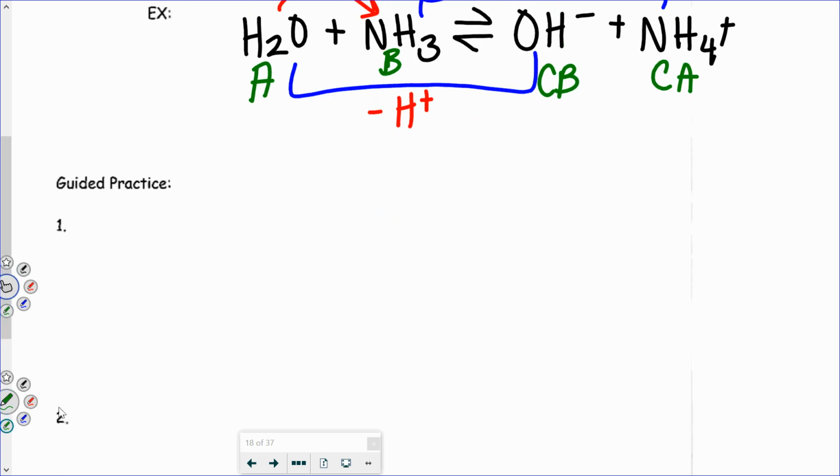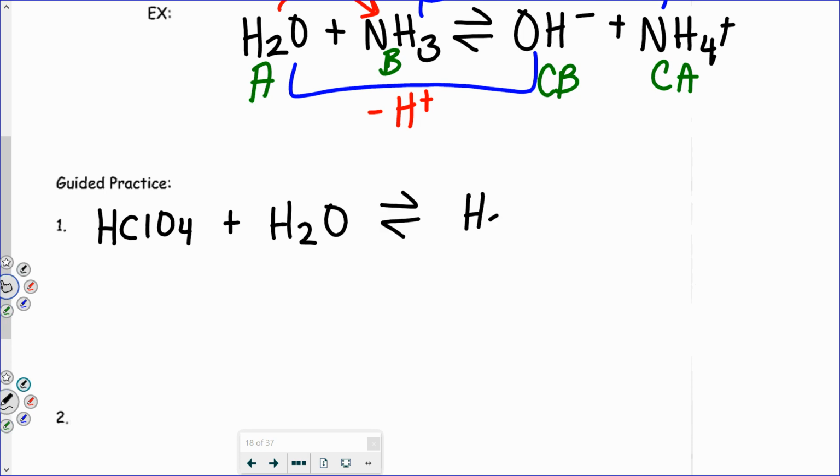I'm going to give you 2 practice problems down here, and I want you to try them on your own. I want you to identify the acid, the base, the conjugate acid, the conjugate base, all that good stuff. So here is your first example. We've got HClO4 plus H2O, double-sided arrow, H3O plus ClO4 minus.